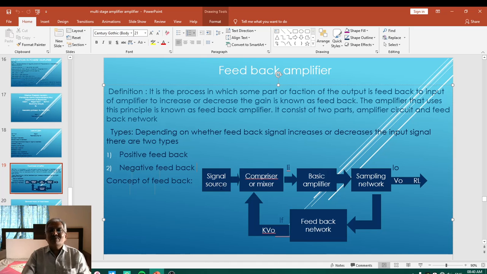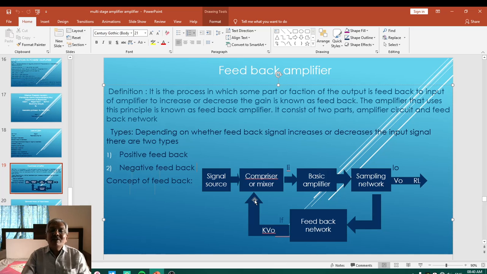This signal source is given to the comparator or mixer. The comparator or mixer is a circuit that compares the input signal source with the feedback signal. If the feedback signal is out of phase with the input signal, then it compares both signals, means the feedback signal is subtracted from the input signal so as to reduce the input of the basic amplifier.